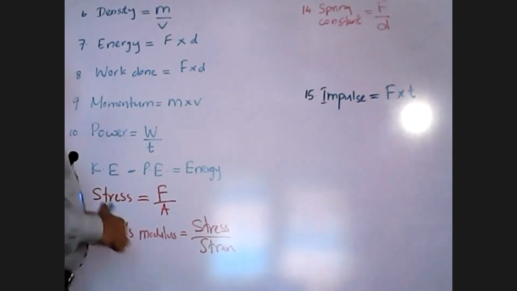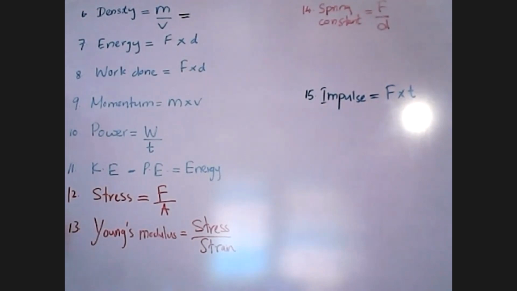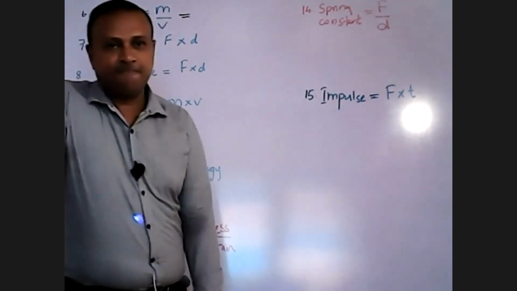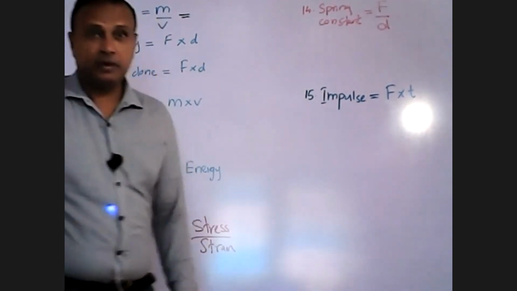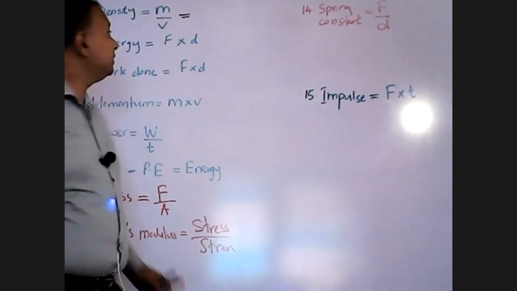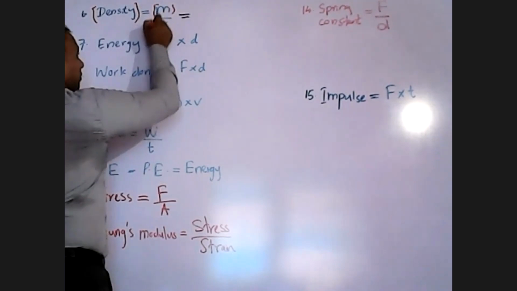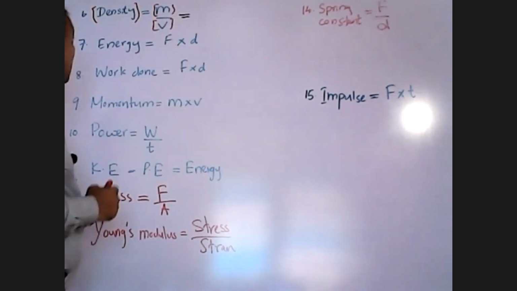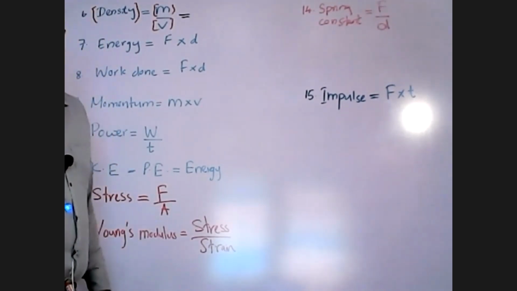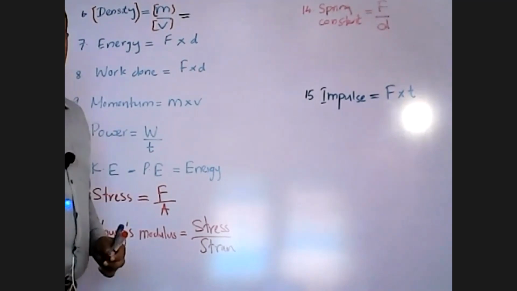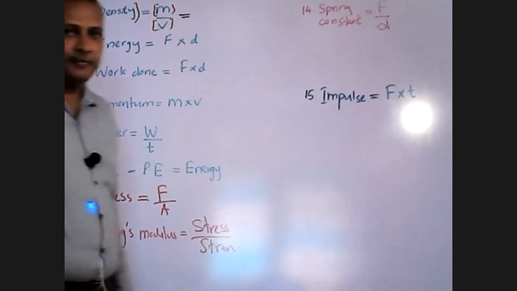Okay. Density. What are your answers? You can unmute and give me your answers. The dimension of density is equal to the dimension of M over the dimension of volume. So what is the dimension of density?